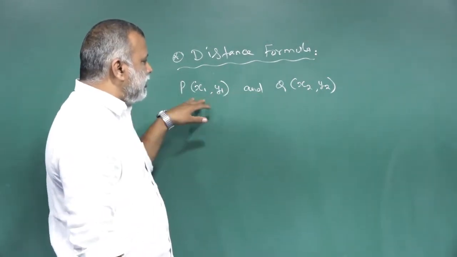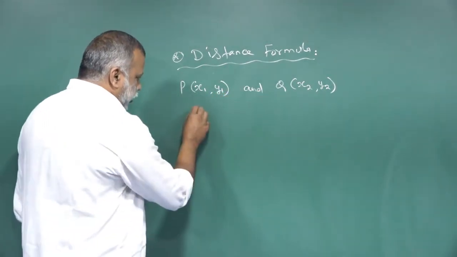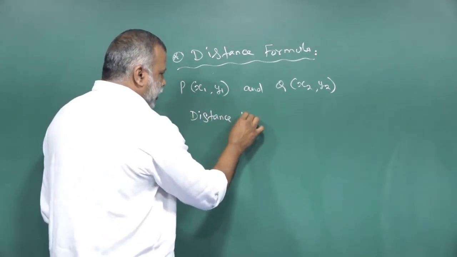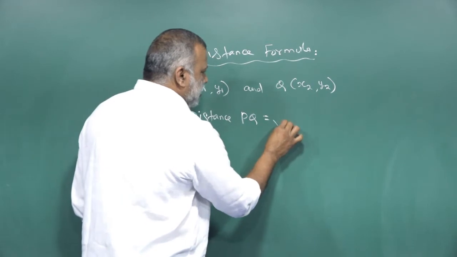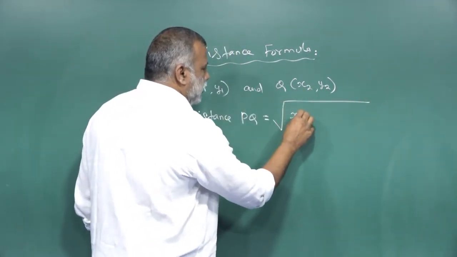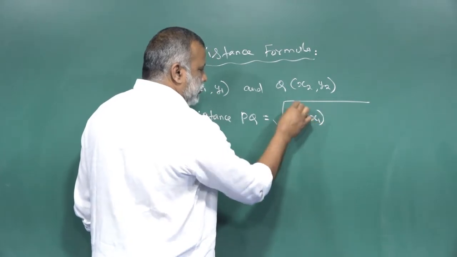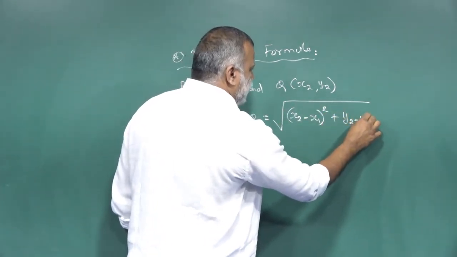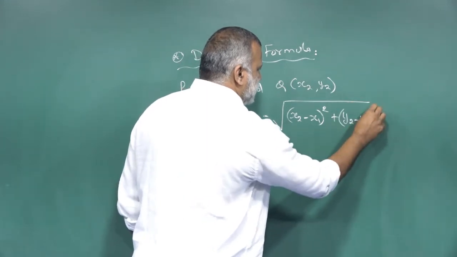Then the distance between these 2 points, PQ, is equal to the square root of x2 minus x1 the whole square plus y2 minus y1 the whole square.